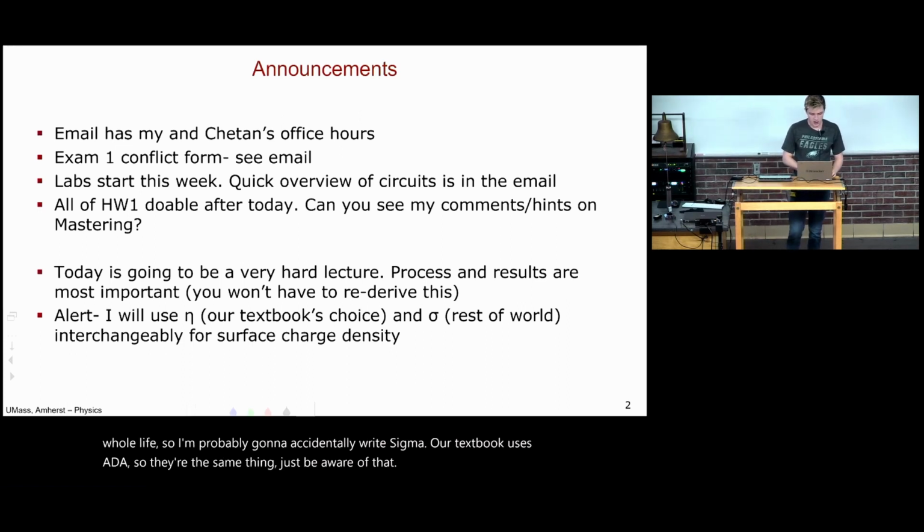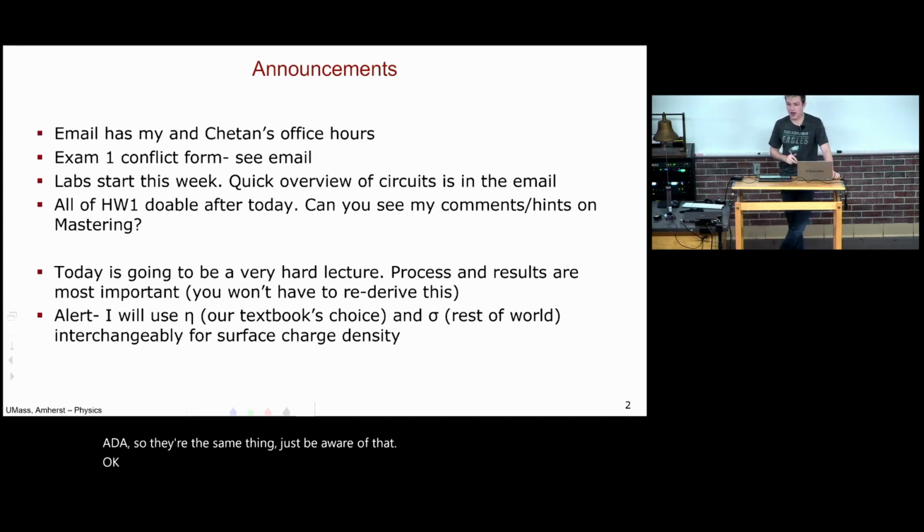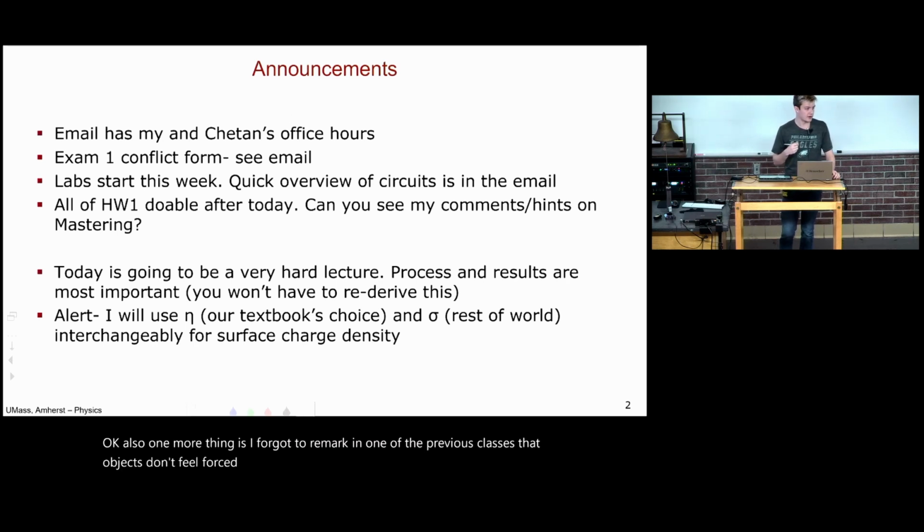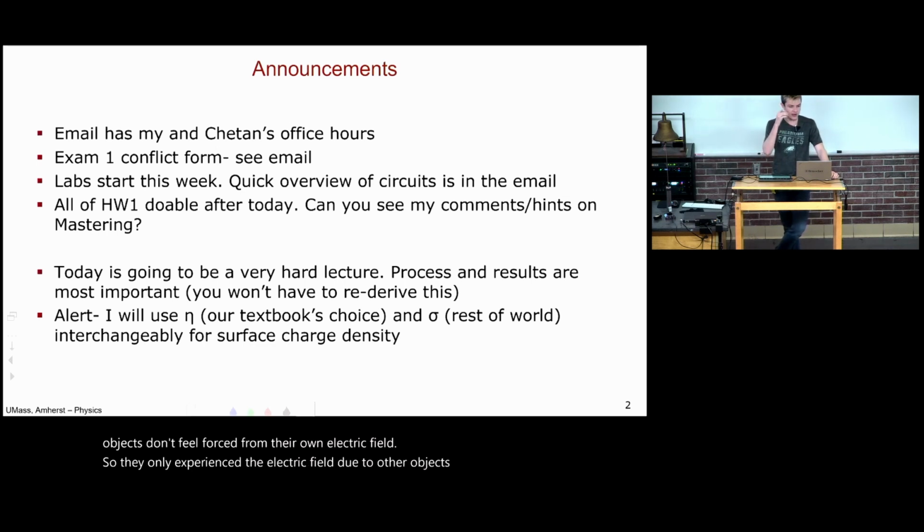OK. Also, one more thing is I forgot to remark in one of the previous classes that objects don't feel force from their own electric field. So they only experience the electric field due to other objects pushing them around. They don't feel, at least for point charges, the electric field that they are creating.